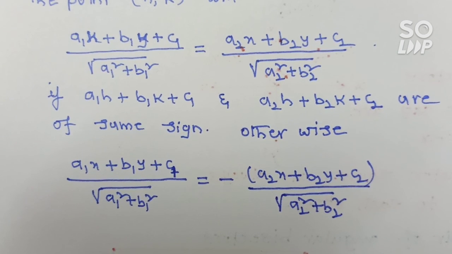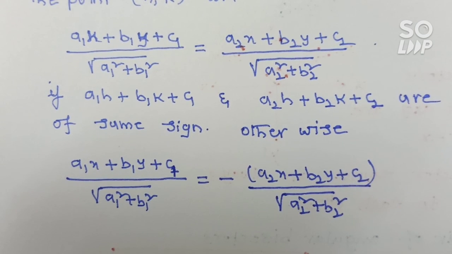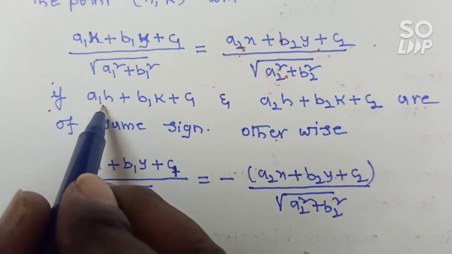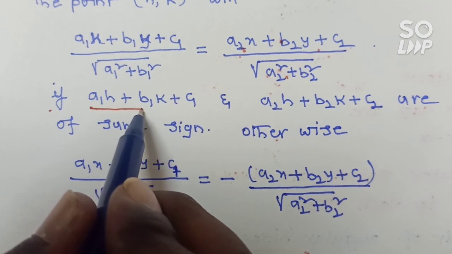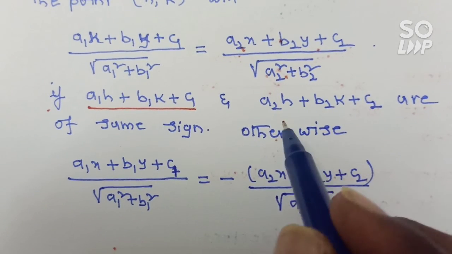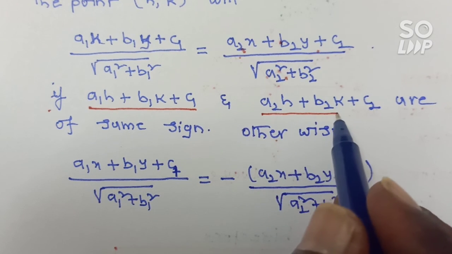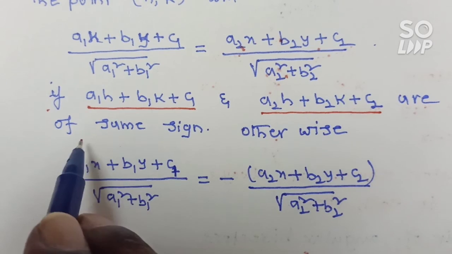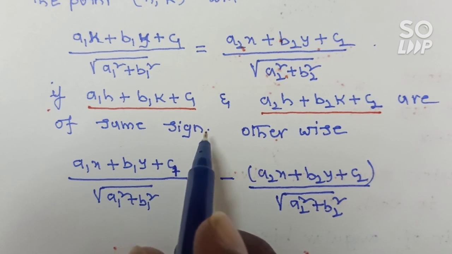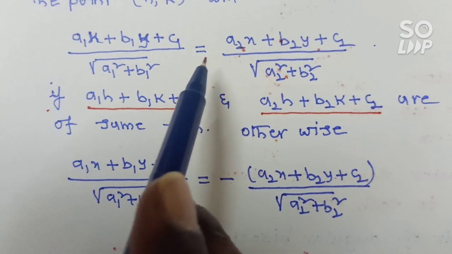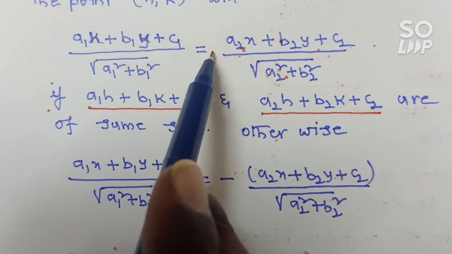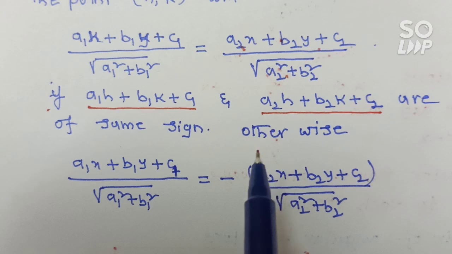Okay, so all of you please remember this case. If a1 h plus b1 k plus c1 and a2 h plus b2 k plus c2 are of the same sign, then in the formula of angular bisectors we consider the positive sign.